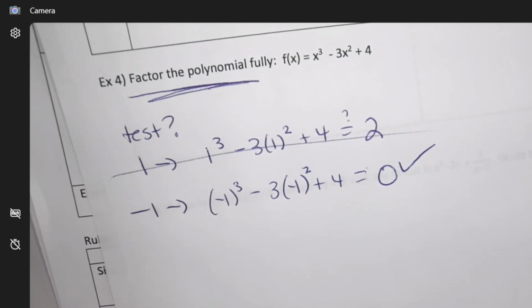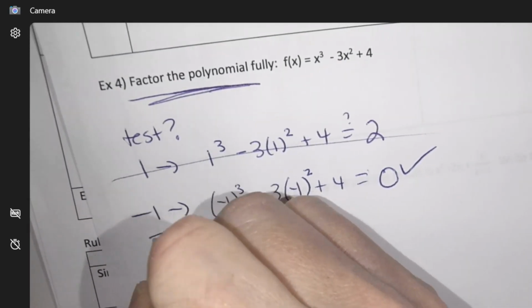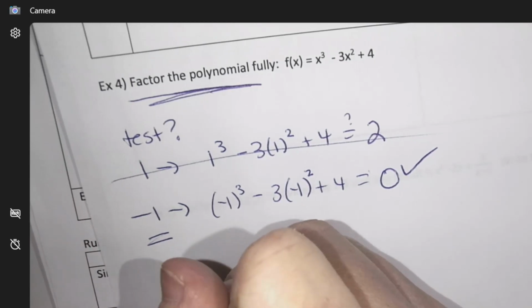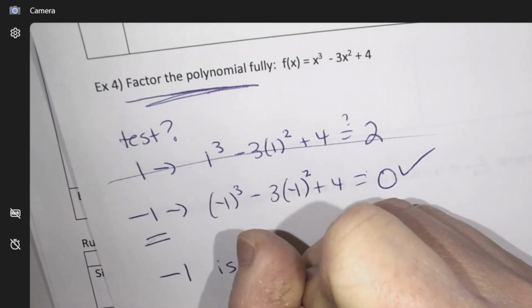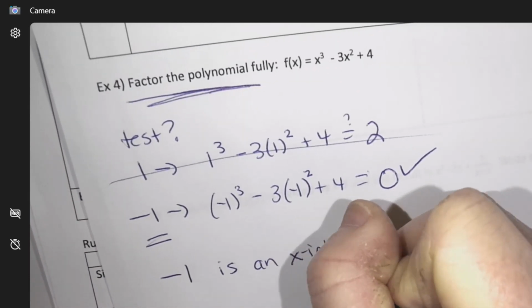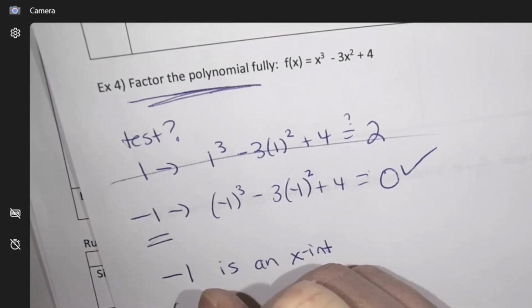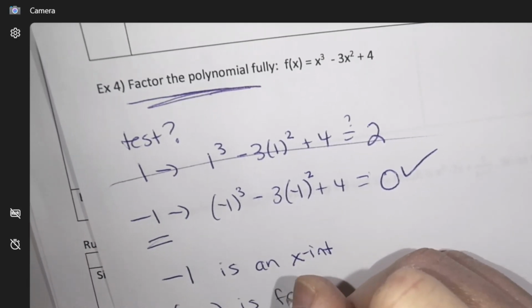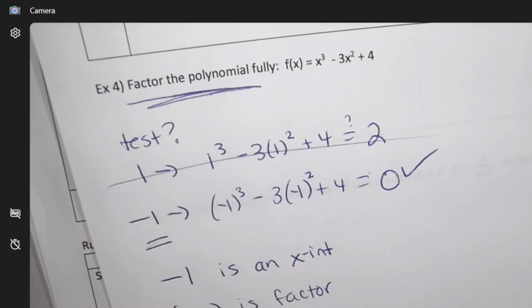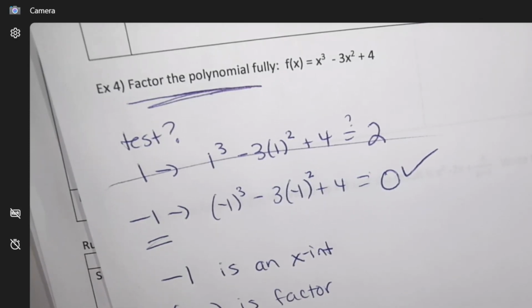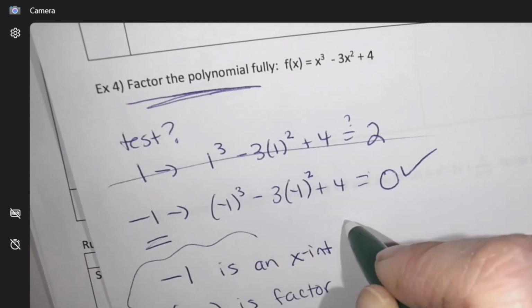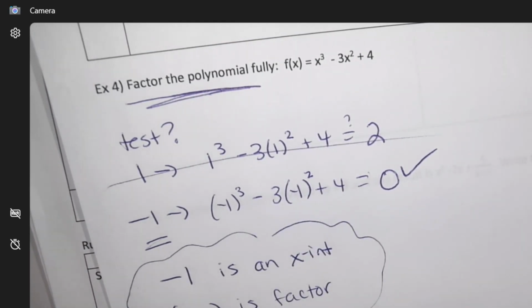So that's good. So what do I know? I know that negative 1 is an x-intercept then. What else do I know? x plus 1 is a factor, because I tested it and there's no remainder. That's what I know.